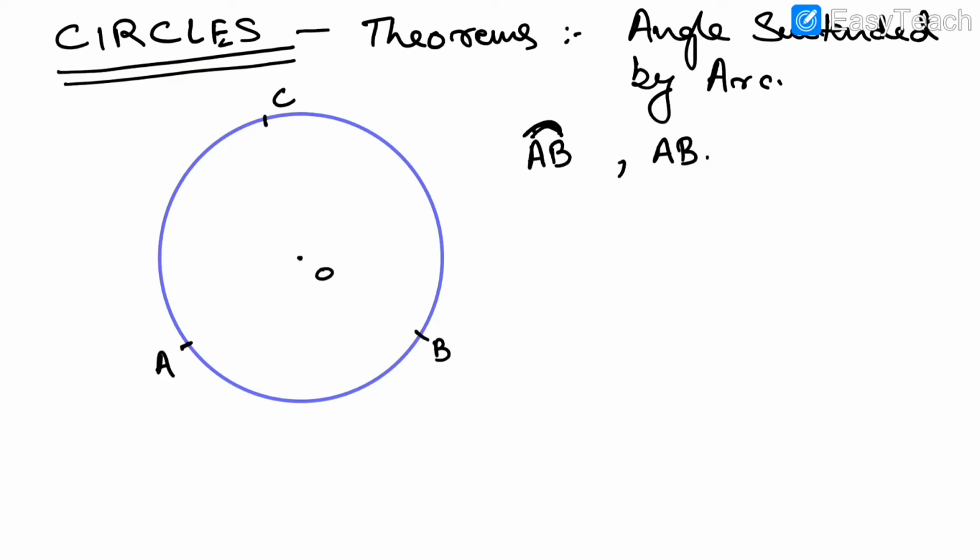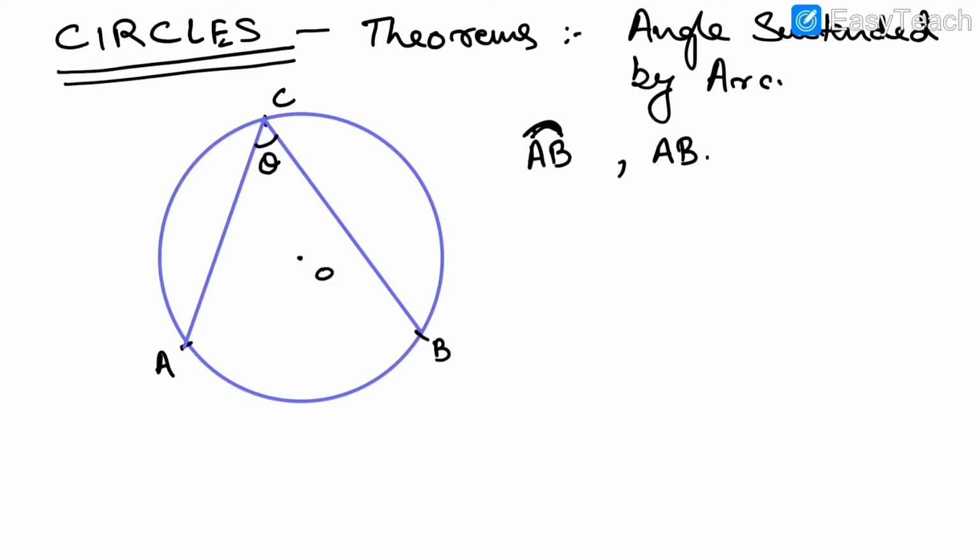It means that when we join the endpoints, A to C, and B to C, this angle theta is the angle subtended by arc AB at point C.